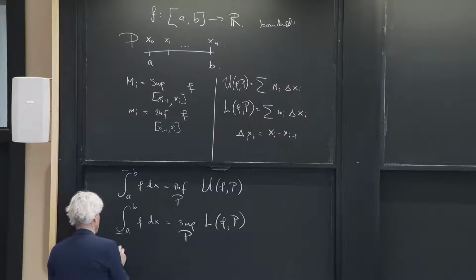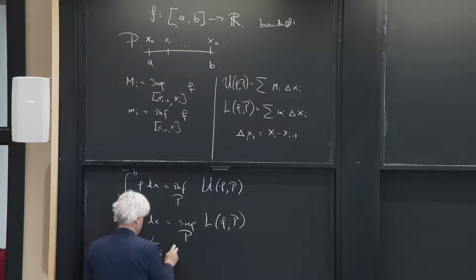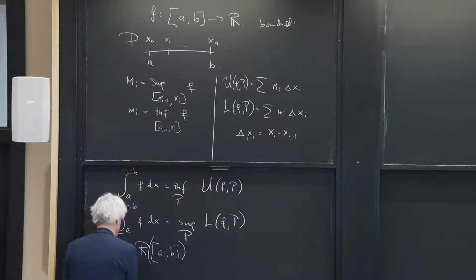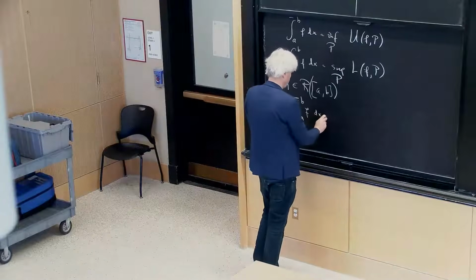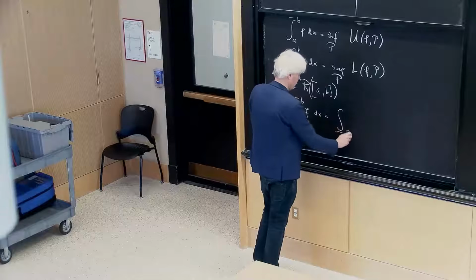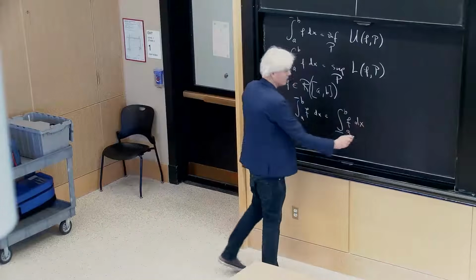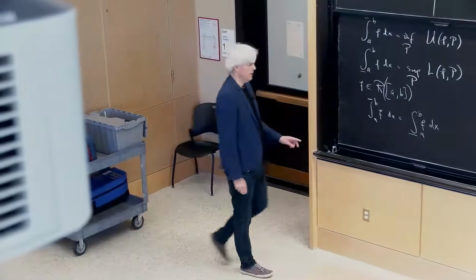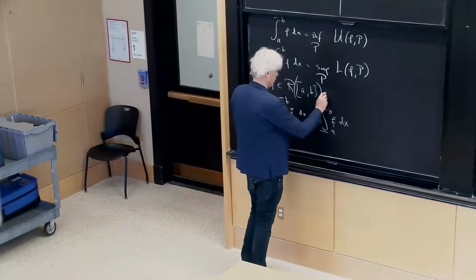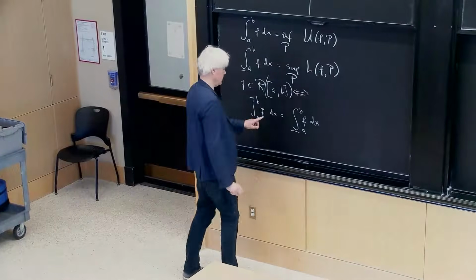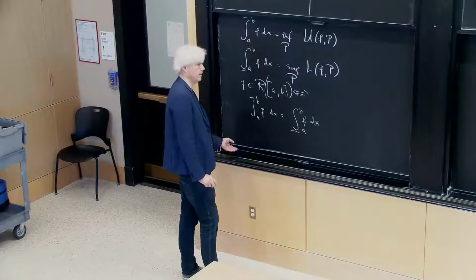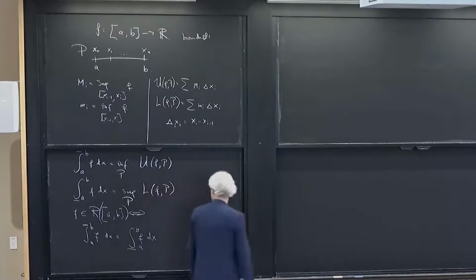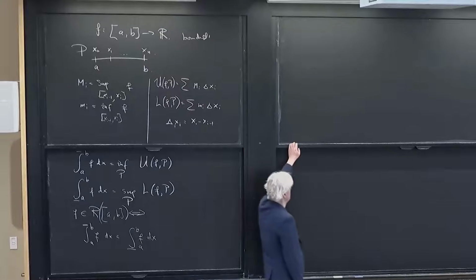And then we said that f is Riemann integrable if those two numbers are the same. If the upper one here, which is always bigger or equal to the lower one, is actually equal to the lower Riemann integral, right? It's Riemann integrable if and only if these two numbers are the same. And in that case, for this common number, we wrote it as the Riemann integral.